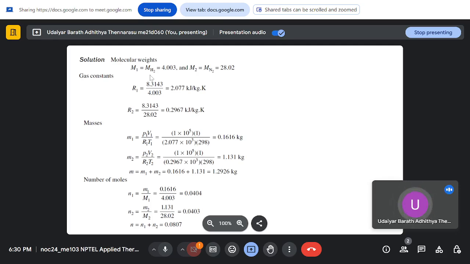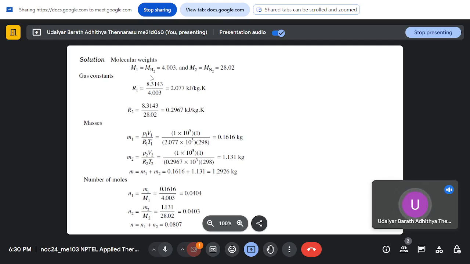Now we need to find out the individual masses in which they are getting mixed. So assuming these two gases are ideal, we can write the ideal gas equation PV equals mRT. So from that we can find out the mass for individual gases.